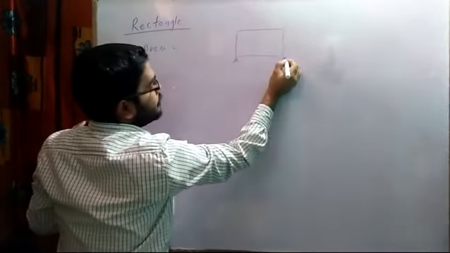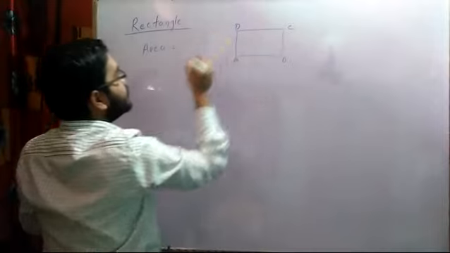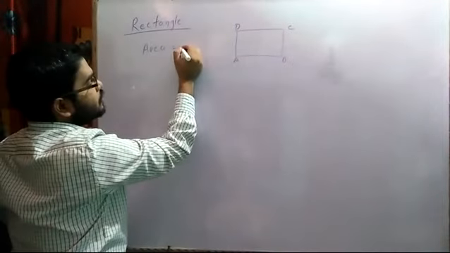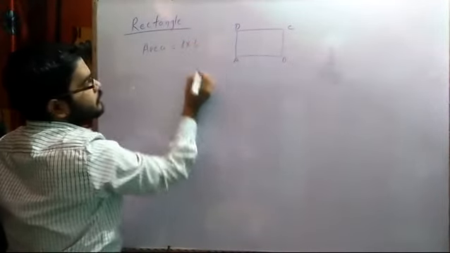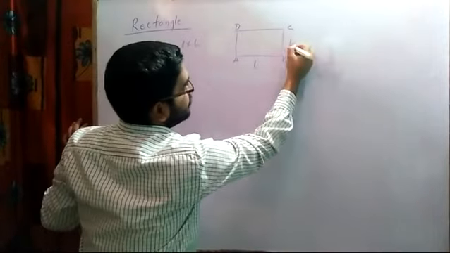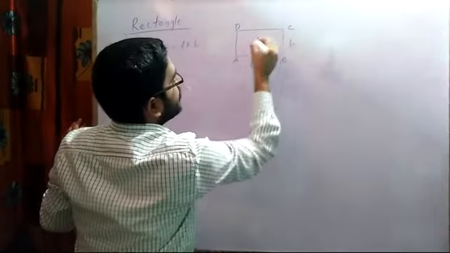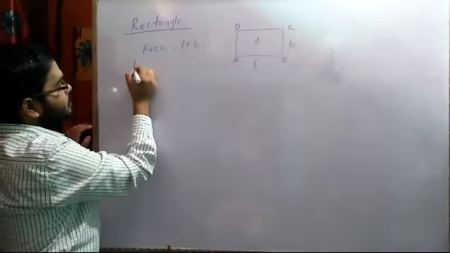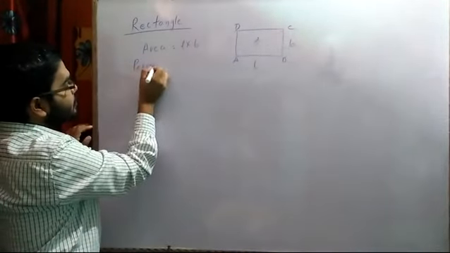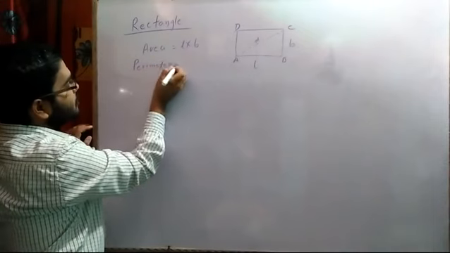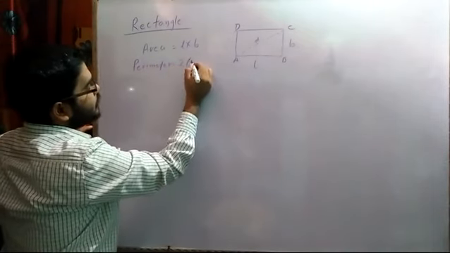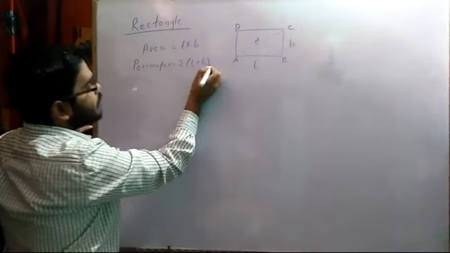Right, A, B, C and D. Area of rectangle is equal to length into breadth. So what is my length here? Length, this is breadth, and this line is called the diagonal. Area is length into breadth. Perimeter is equal to twice length plus breadth.